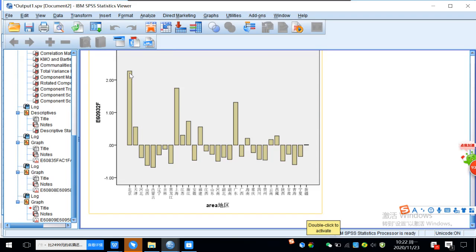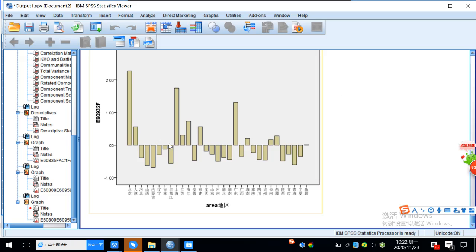We can see that Beijing is the highest. Also here, 0 is the average level. The average income of all areas is 0. If F, the comprehensive evaluation of income, is more than 0, then it means it's more than the average level.